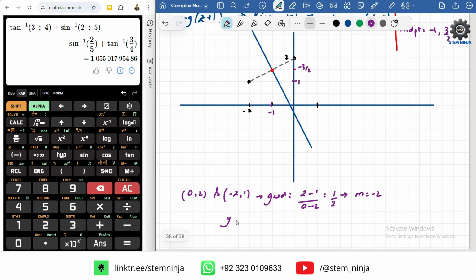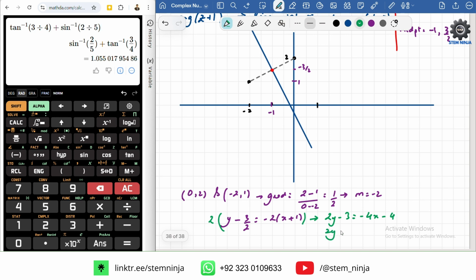So you have y minus 3/2 equals to -2 times x plus 1. Okay, so multiply this entire equation by 2. You get 2y minus 3 equals to minus 4x minus 4.